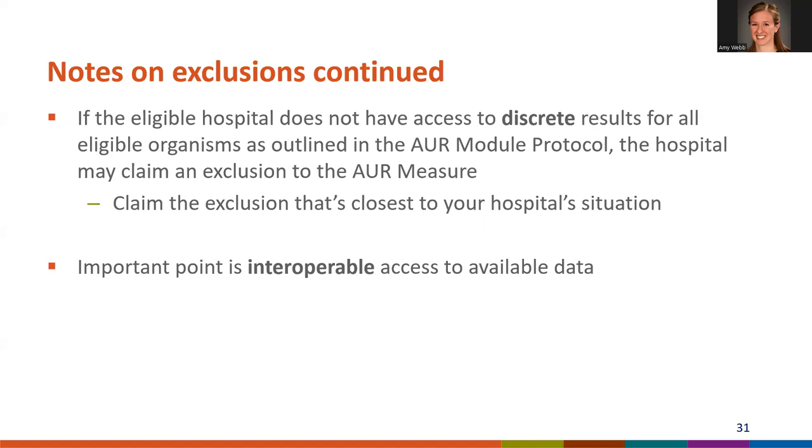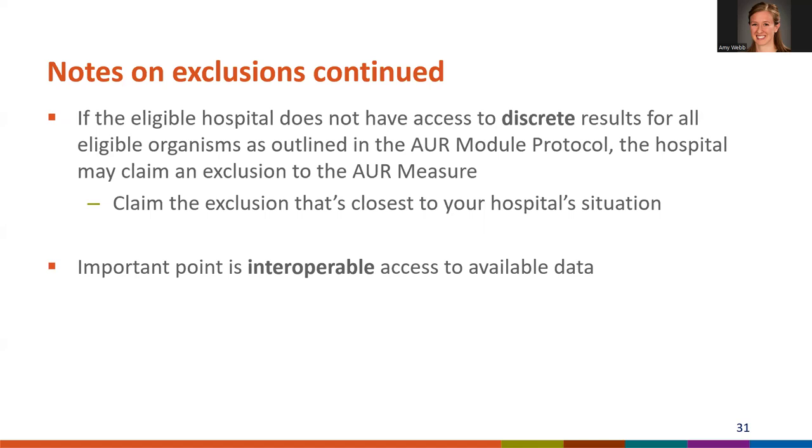So for example, if you do not have discrete access to the results, let's say you send some isolates out to an external lab and those results come back to you via PDF or a fax or a blob of text in the comments field, perhaps. Those are not discrete results, and therefore you may be able to claim the exclusion, specifically related to the AR data.